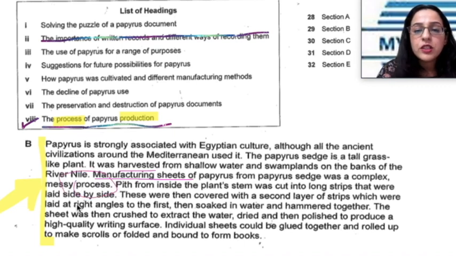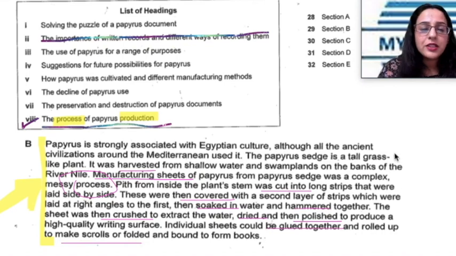Then pith from inside the plant stem was cut into long strips that were laid side by side. They were then covered with a second layer, laid at right angles, then soaked in water, then hammered together, crushed, dried, polished to produce a high quality writing surface, and could be glued together, rolled up to make scrolls. So as you see, the entire paragraph is talking about the process of papyrus production.